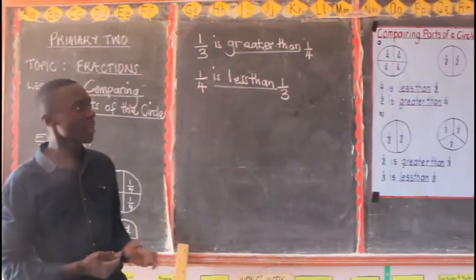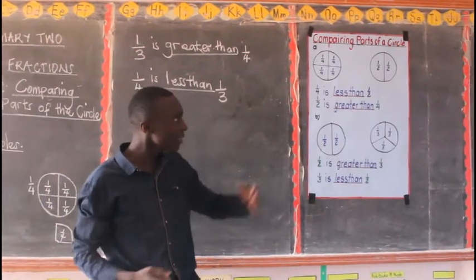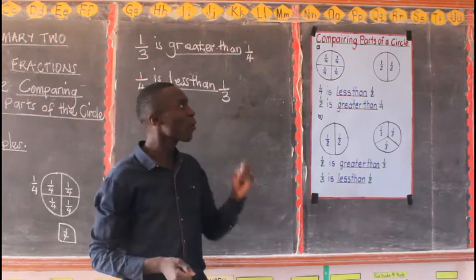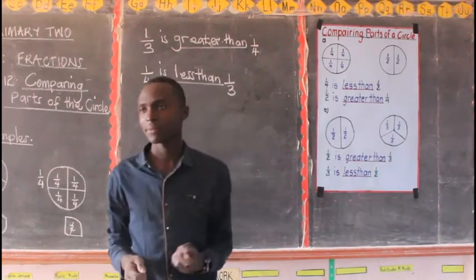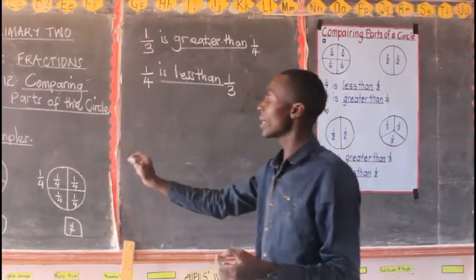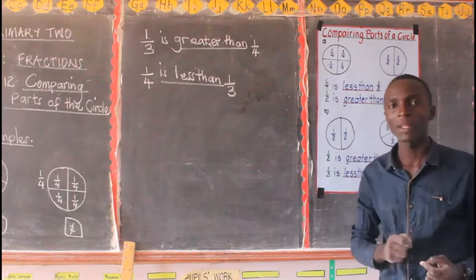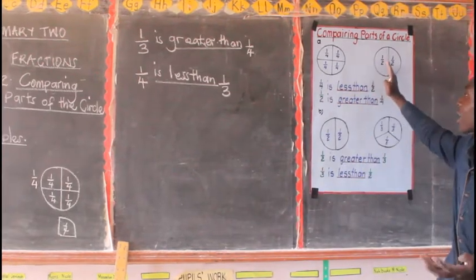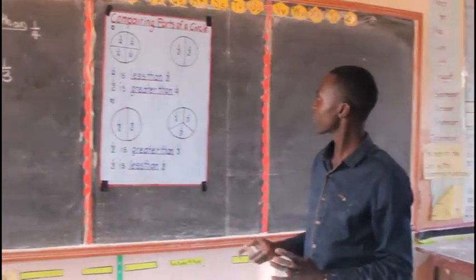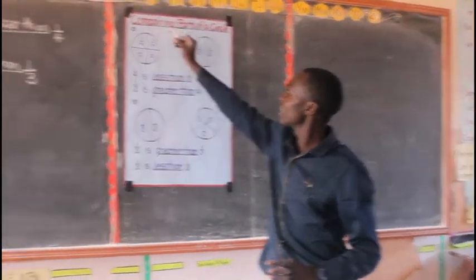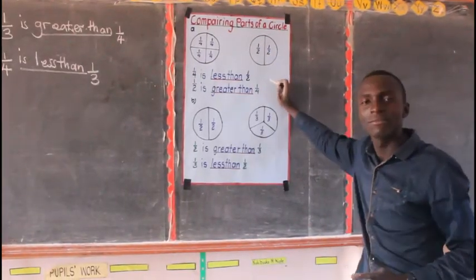Let us look at our chart here, my good children. Our chart is saying comparing parts of a fraction. Here we have been looking at 1 out of 3 and 1 out of 4. But here we have other kinds of fractions. We are comparing a quarter and a half.